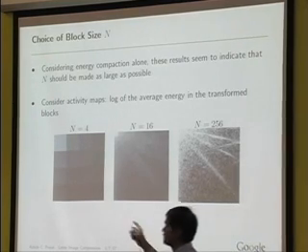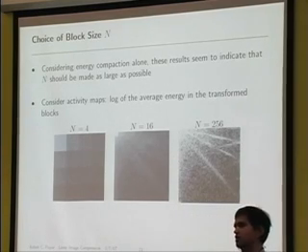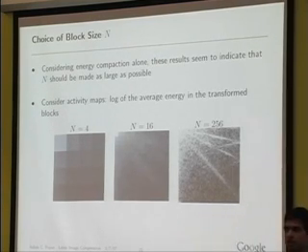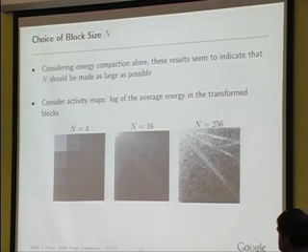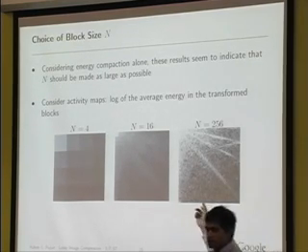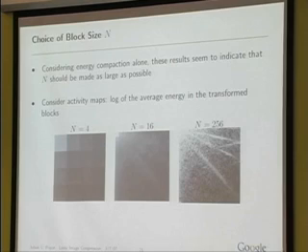So in the case of the 4x4, I take every transform domain block and I square the value and I average that across the whole image for every block in the image, and I take the log of that, and that's what I'm displaying a scaled version of. And I do the same thing for n equals 16. When I get to n equals 256, well, the whole image is 256 squared, so there's only one block, so there's nothing to average, but it's a squared value that I'm showing, the log of the squared value.